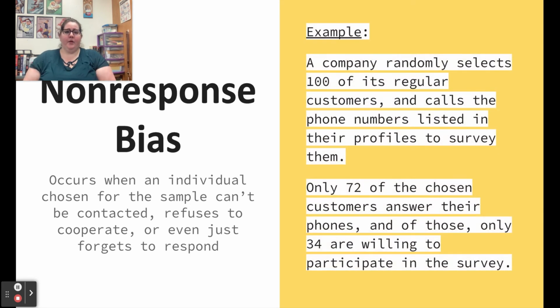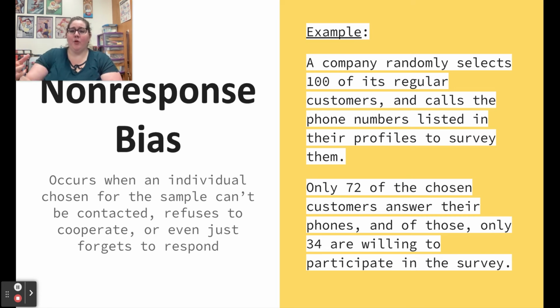So for example, a company randomly selects 100 of its regular customers and calls the phone numbers listed in their profiles to survey them. Only 72 of those customers answer their phones, and only 34 are willing to participate in the survey. So we have 100 customers that they randomly picked trying to get a representative sample and only ended up with 34 actual responses.